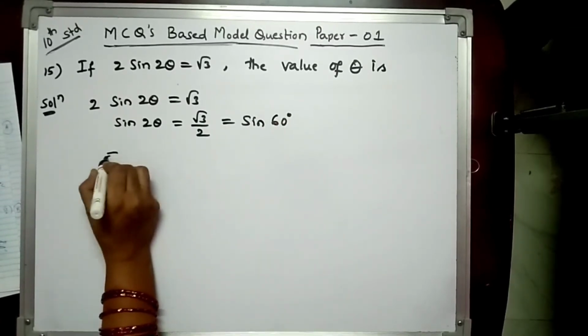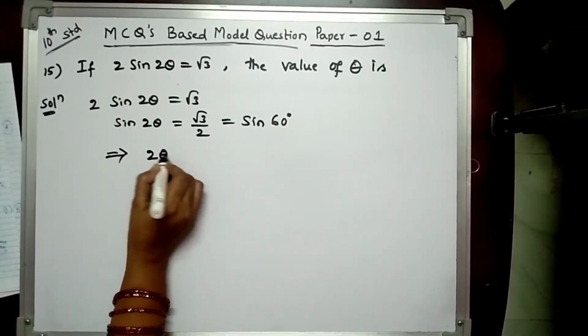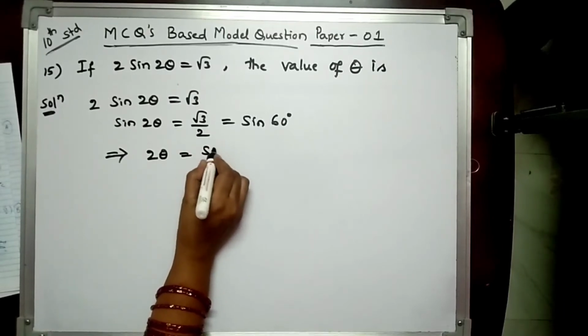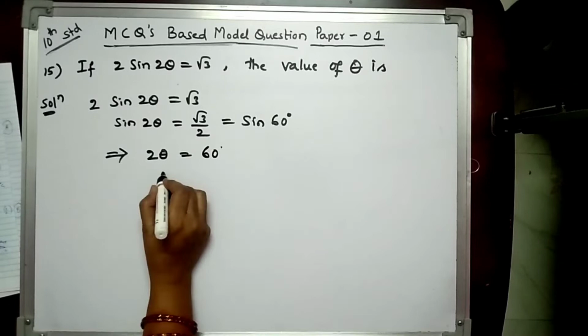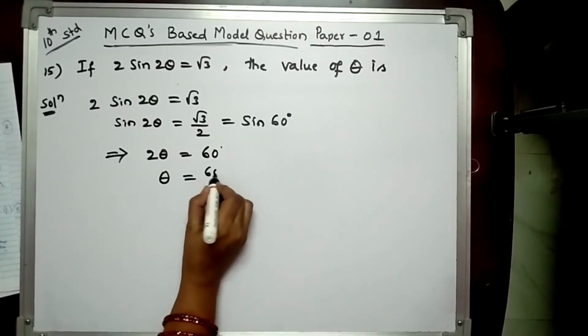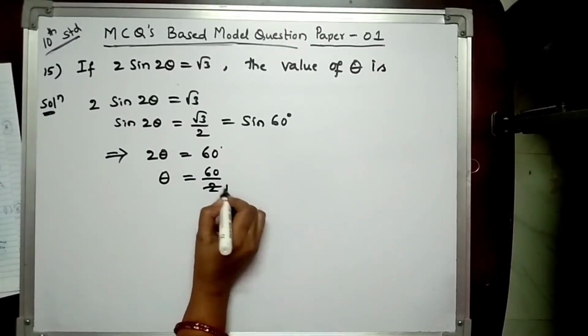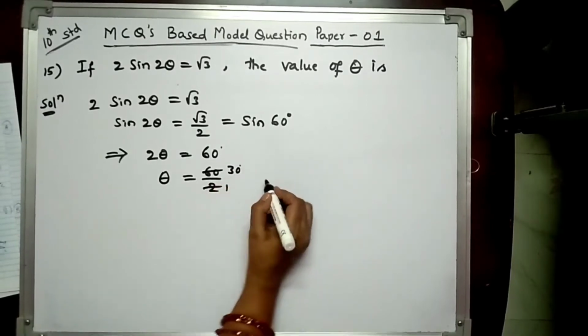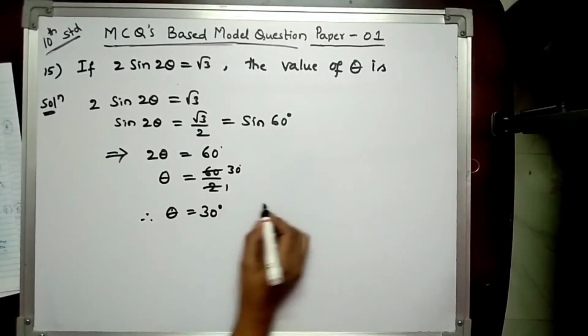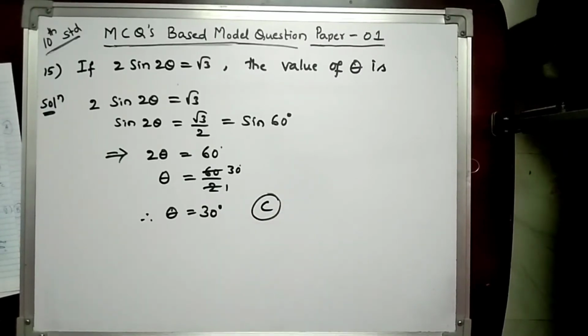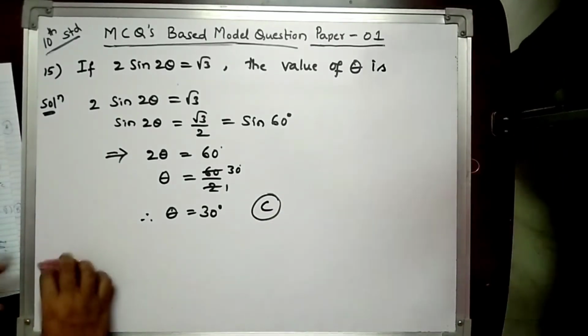Which implies sin 2 theta is equal to sin 60 degree. So theta is equal to 60 by 2. 2 ones are 2, 2 threes are 6. So therefore theta is equal to 30 degree. So option C. Next question.